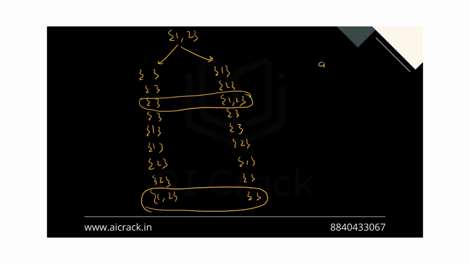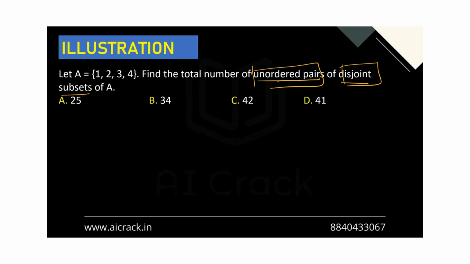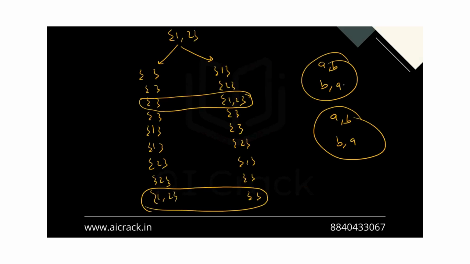When we are talking about unordered pairs, a comma b and b comma a is same. In case of ordered pairs, a comma b and b comma a are different. But in case of unordered pairs, a comma b and b comma a both are same, right? So 1 comma 2, phi and phi, 1 comma 2 both are same.